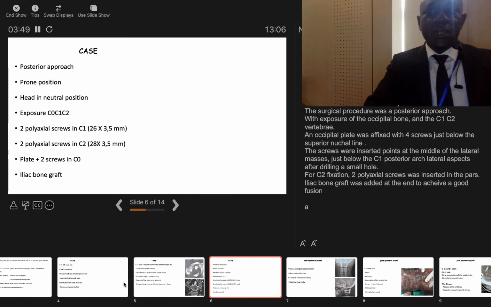The surgical procedure was a posterior approach with exposure of the occipital bone and C1 and C2 vertebra.